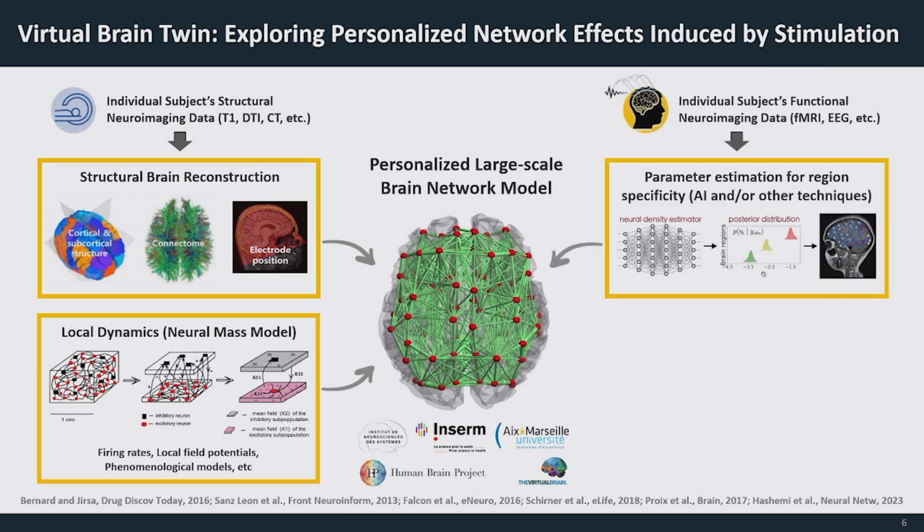And then because the intrinsic characteristics of each brain region may be different, regional specificity can be reflected as a parameter of the neural mass model of each brain region.